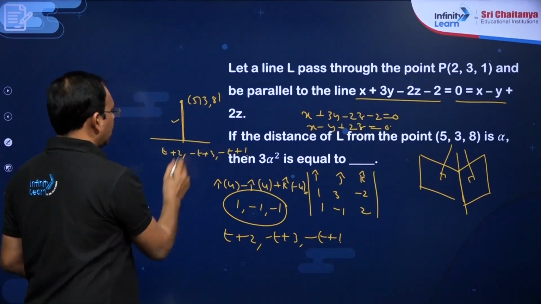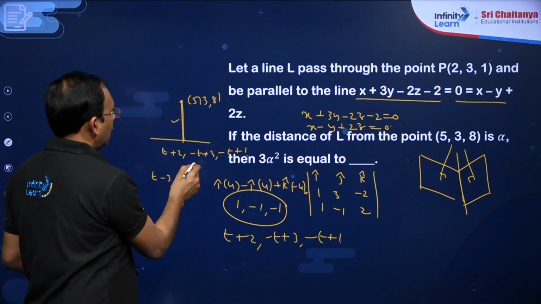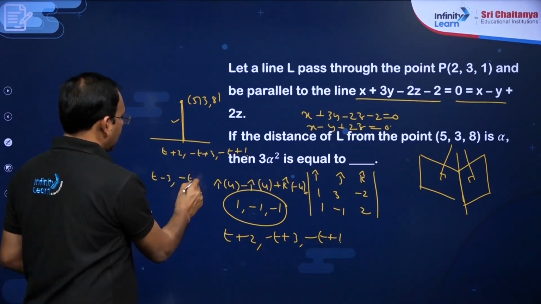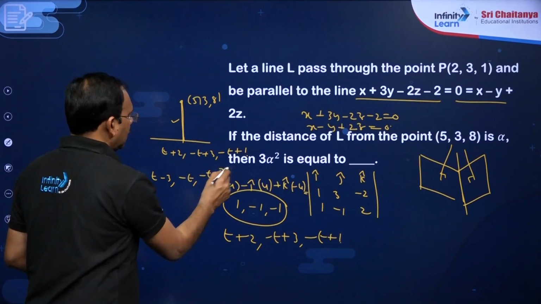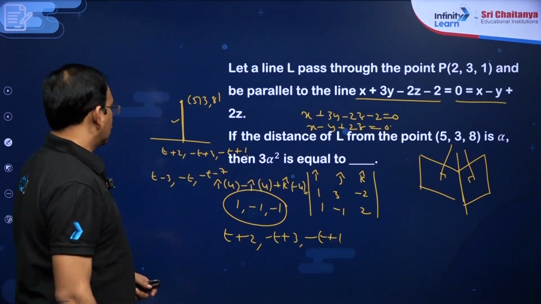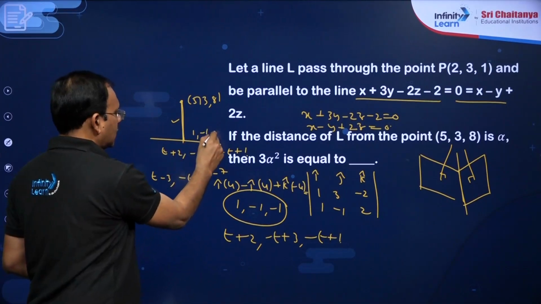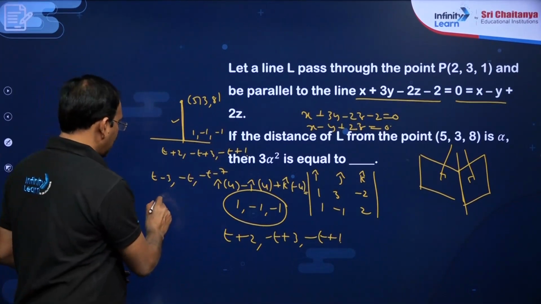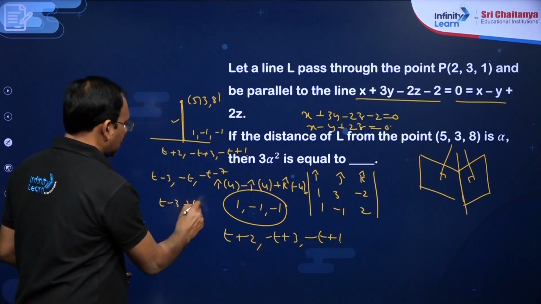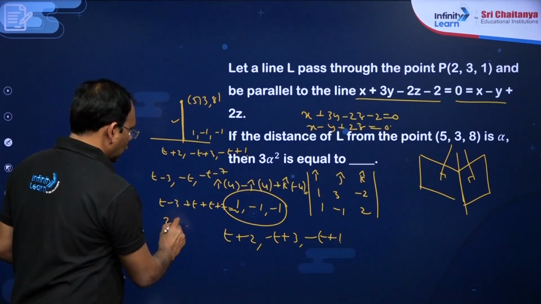What about the DRs of this line? t plus 2 minus 5, that is t minus 3; minus t plus 3 minus 3; minus t plus 1 minus 8, minus t minus 7. So, these are the DRs of this. Already these DRs are 1, minus 1, minus 1. So, the dot product must be 0. This is t minus 3 plus t plus 7 must be 0.